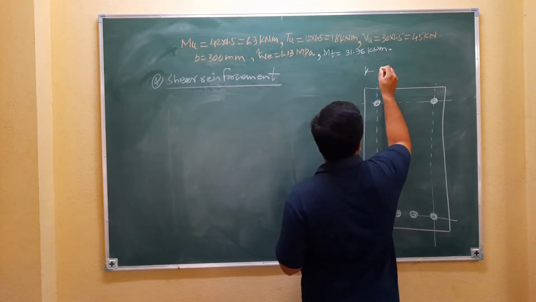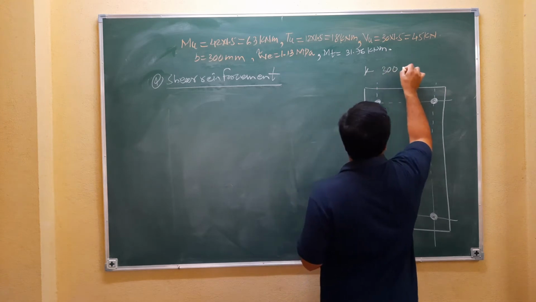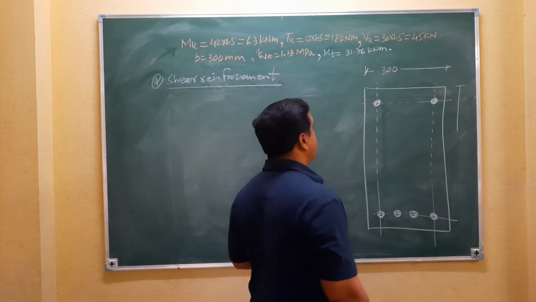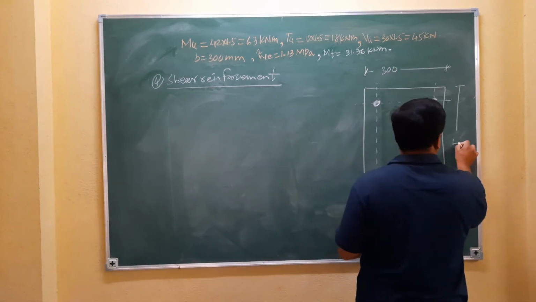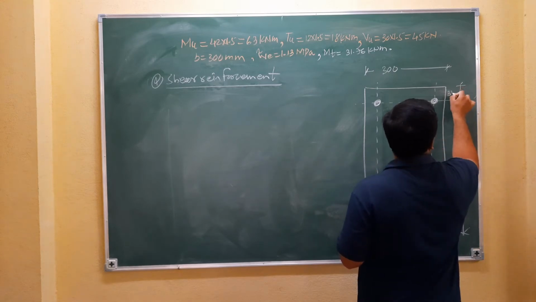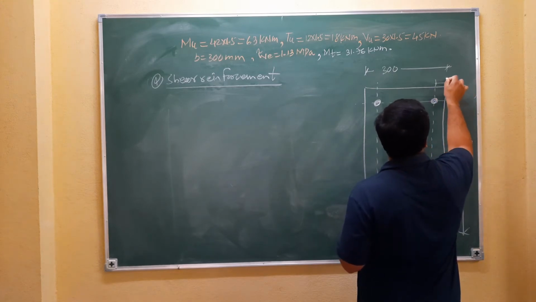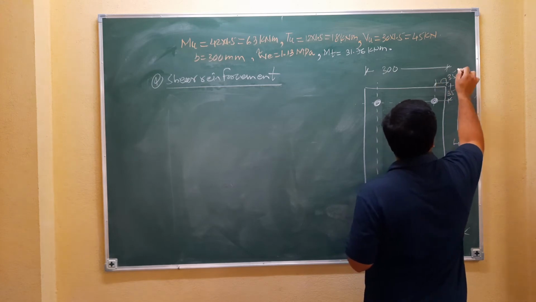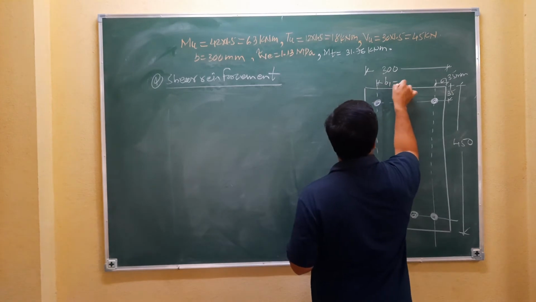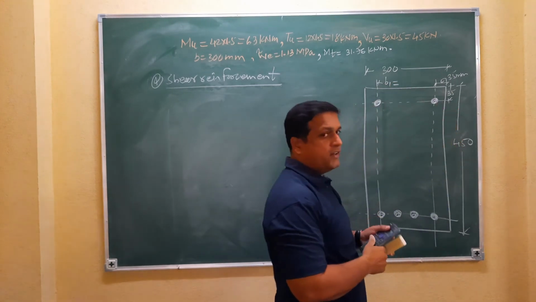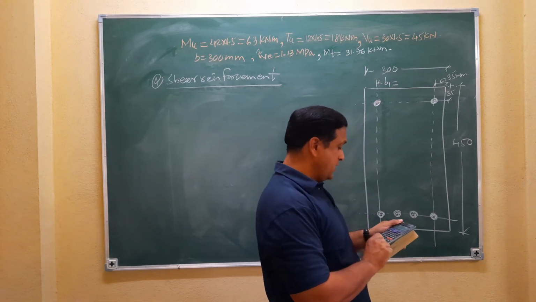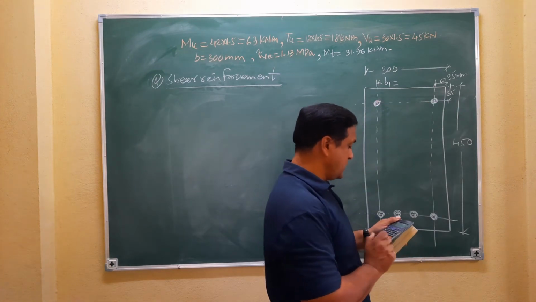Now what is the width of the section? It is 300. The depth of the section is 450. Okay, so if we consider 35 mm from this side, 35 mm from this side, so the value of B1 is 300 minus 70. 300 minus 35 from this side, 35 from this side, 300 minus 70 is 230.